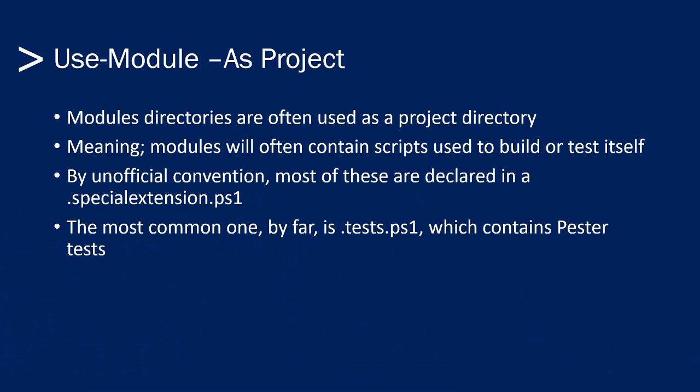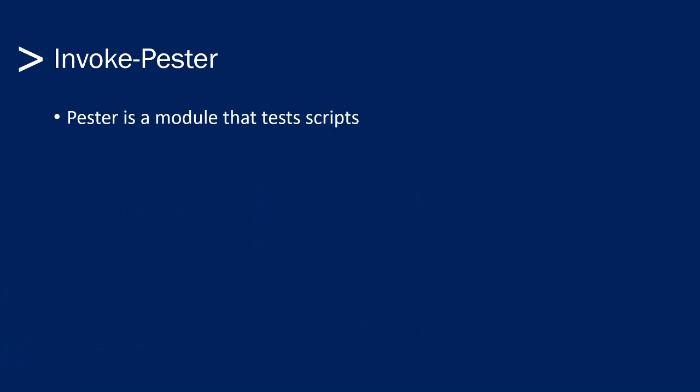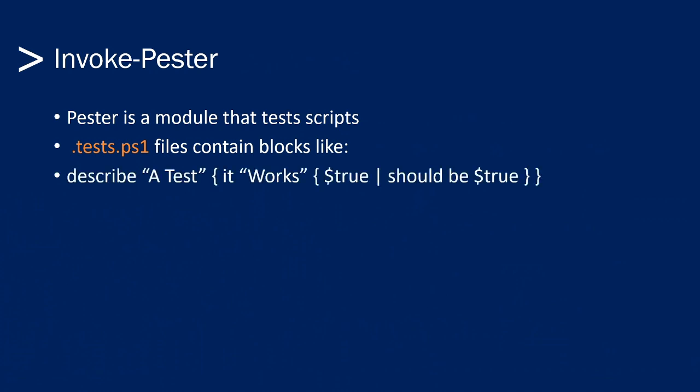Okay? Pester is a module that tests scripts. Test.ps1 contains blocks that look like describe, a test, it works. This doesn't all have to be on one line, I'm just trying to make it readable on the slide deck. Has everybody used Pester? Most people, some people?